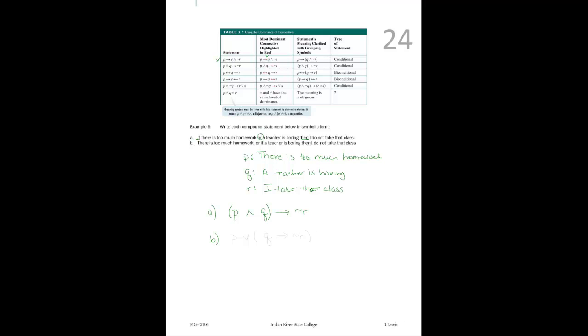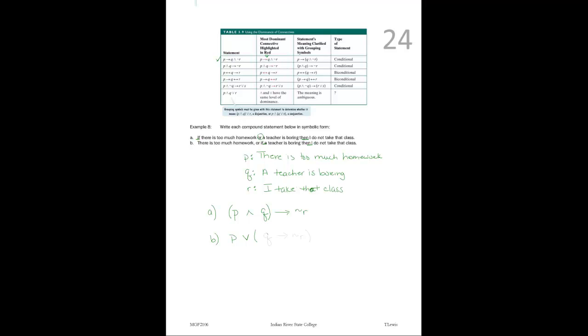Example B, there is too much homework, or if a teacher is boring, then I do not take that class. So we have if and then after the word or. So we start off, there is too much homework, we call that P, or then it says if a teacher is boring, then, so that goes together.